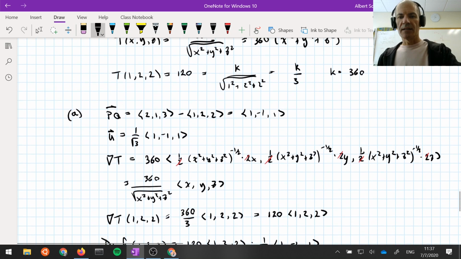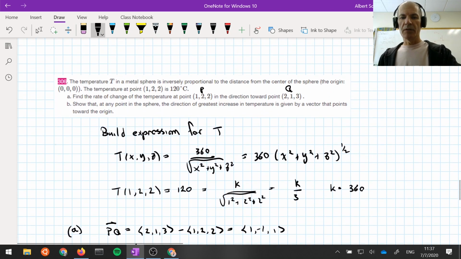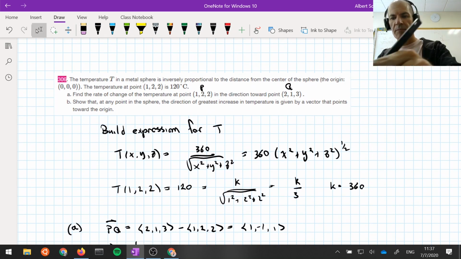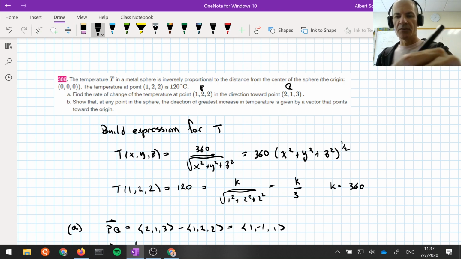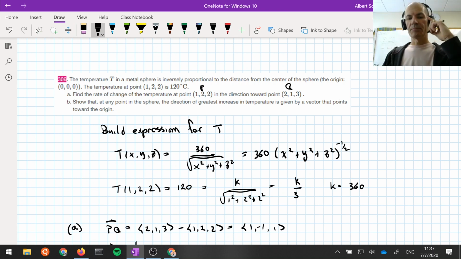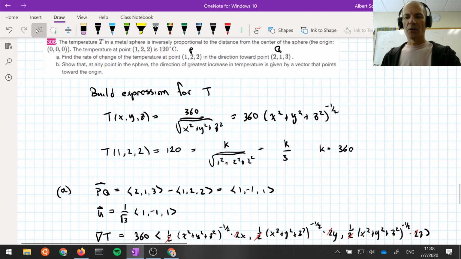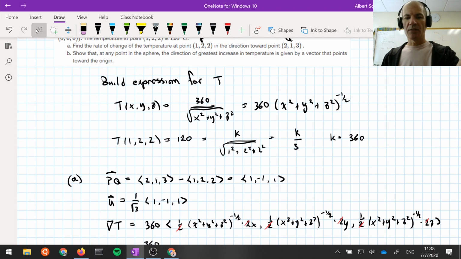So it got me looking back over my work, and I realized that I made a mistake here. This expression right here, and some of you may have caught this, should be minus 1/2 when I use the exponential form. And so that changes things a wee bit. So I'm going to go through and try to make those changes without messing too many people up here. My k is okay. I didn't mess that up.